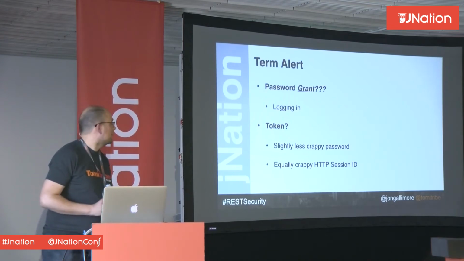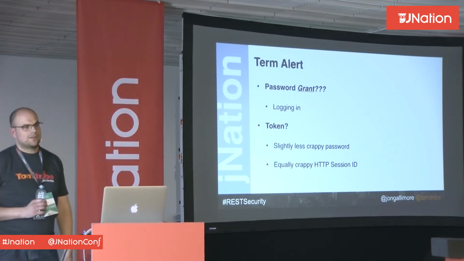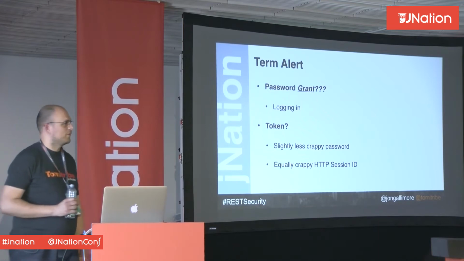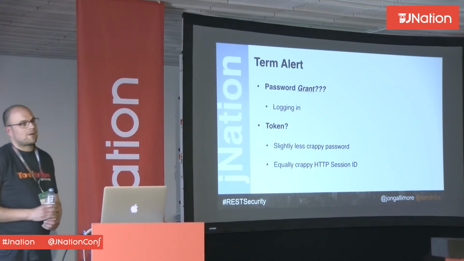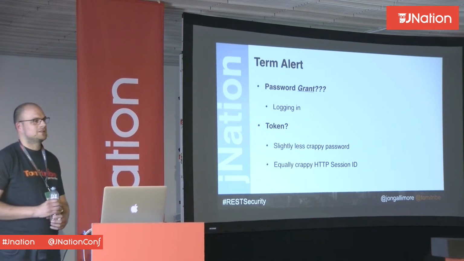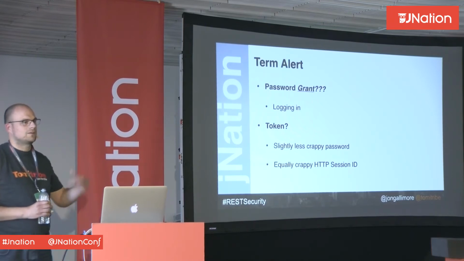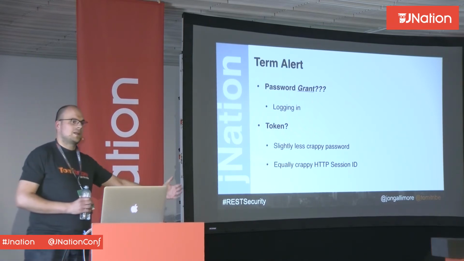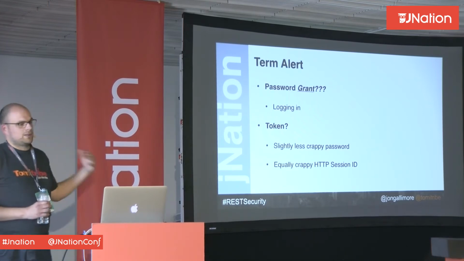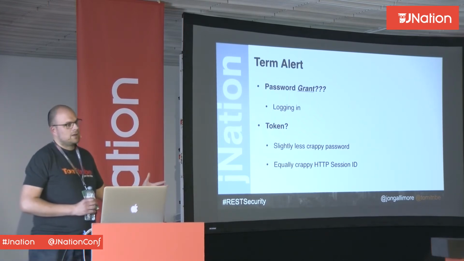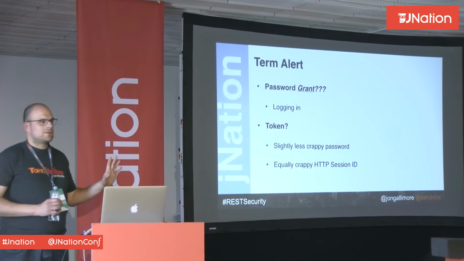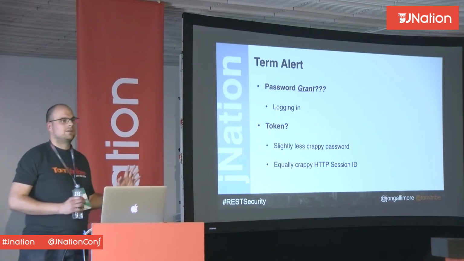We've also got a few new terms that we have to deal with as developers. So the first term is we have a password grant. Okay, so calling that token endpoint and getting the JSON payload back. That's called the grant process. And does that look familiar to anyone in the room?